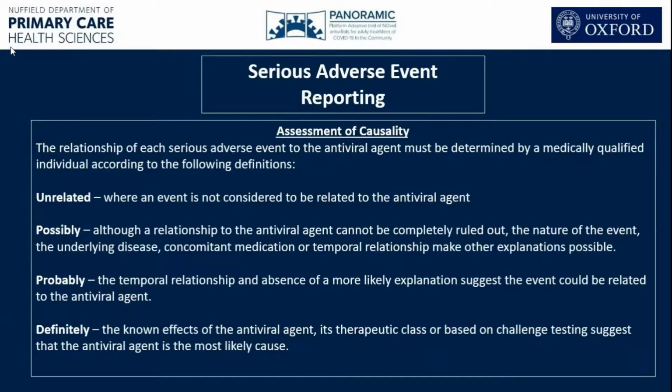Probably related means that the temporal relationship and absence of a more likely explanation suggests that the event could be related to the antiviral agent. And finally, definitely related, where the known effects of the antiviral agent, its therapeutic class, or challenge testing suggests that the antiviral agent is the most likely cause.